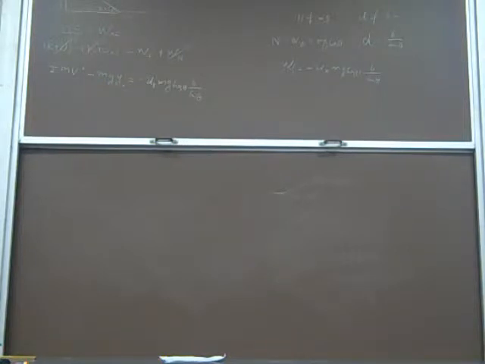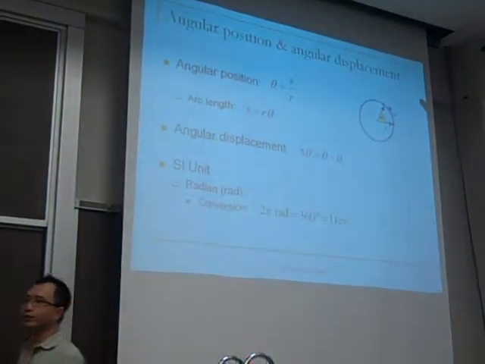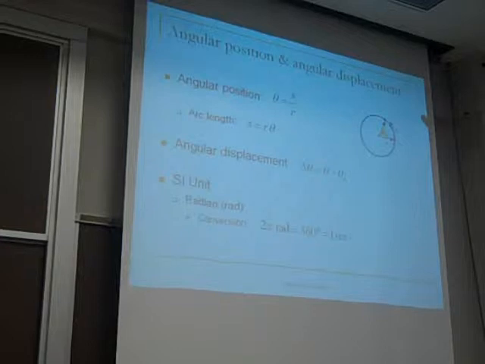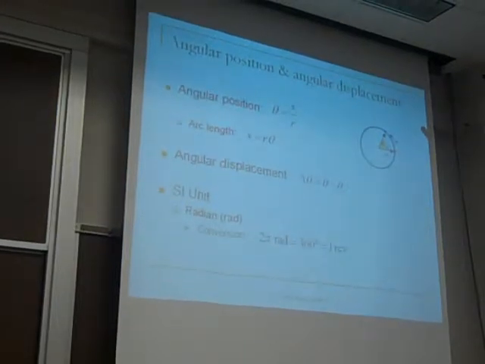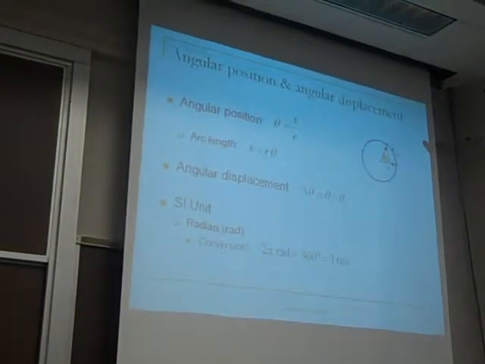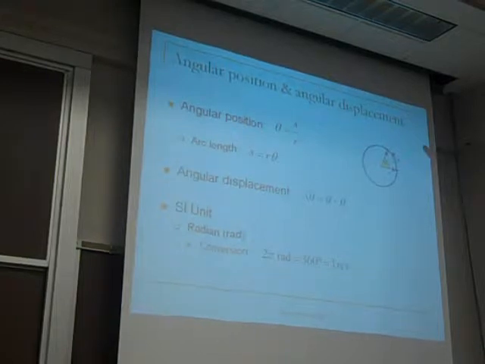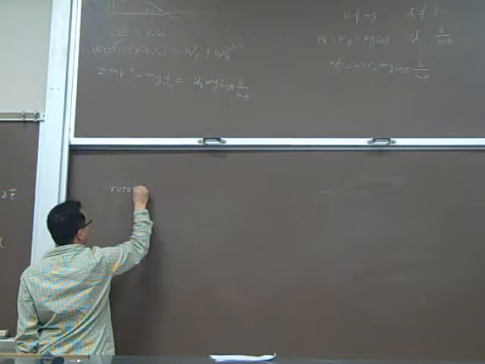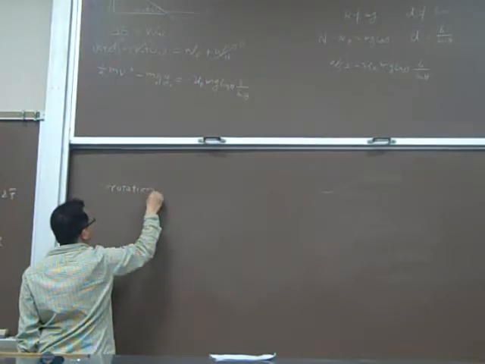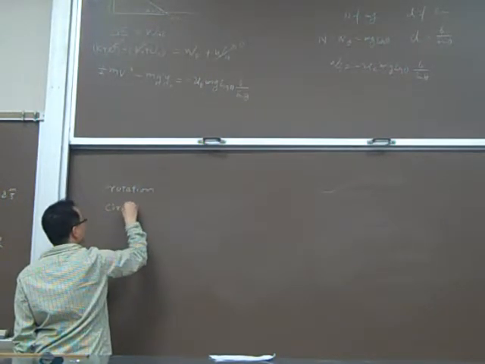For rotational motion, first, let's think about rotational motion for a particle. It's also called circular motion. Here, by the way, I want to talk about the difference between rotation and circular motion.